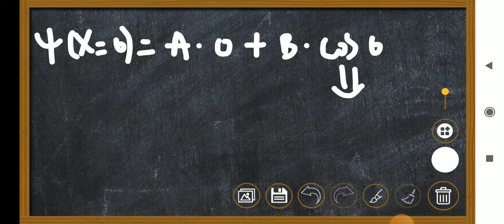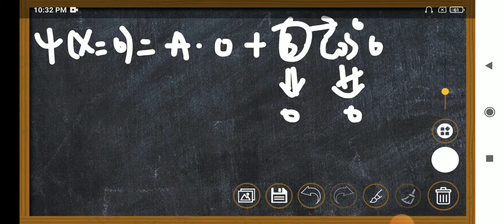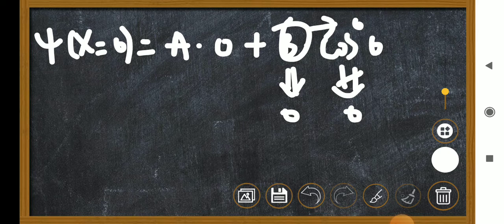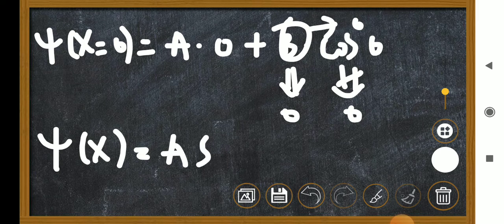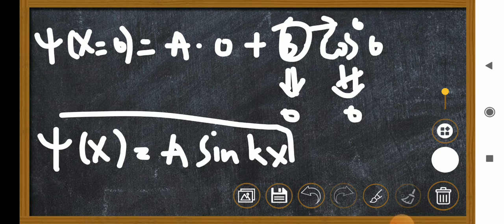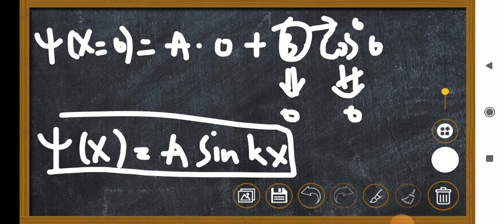Now, cos of 0 doesn't give us 0, but b can give us 0, so we can put this constant b equal to 0. Finally, after putting that in our generalized solution, we have psi of x equals a sine kx from the first boundary condition.